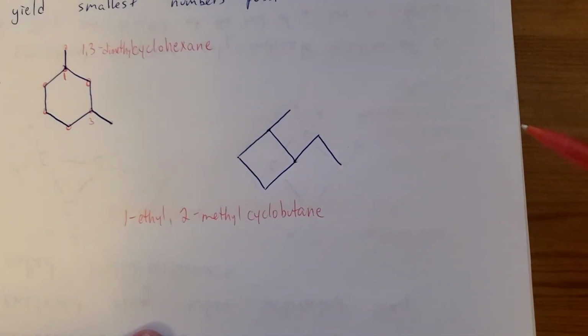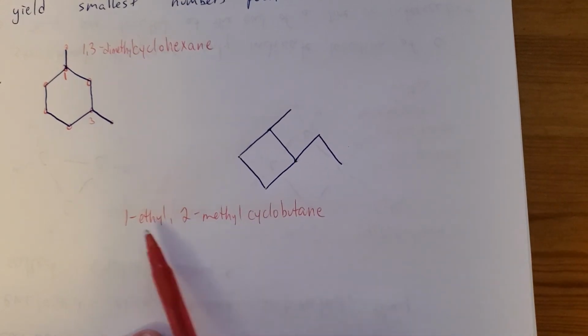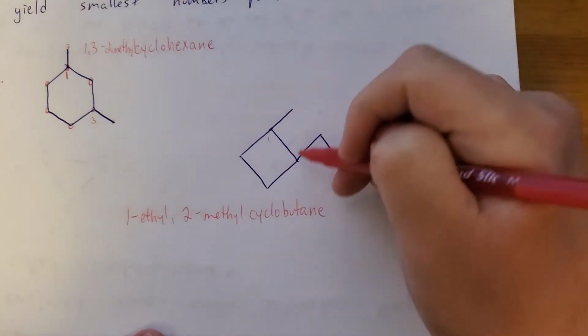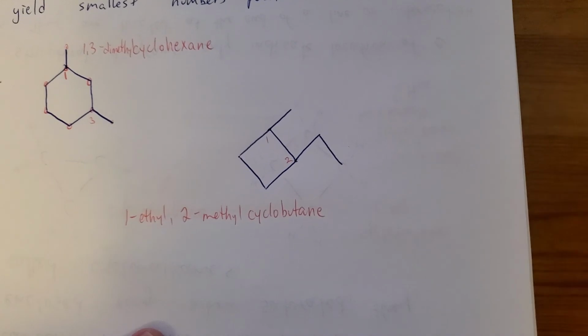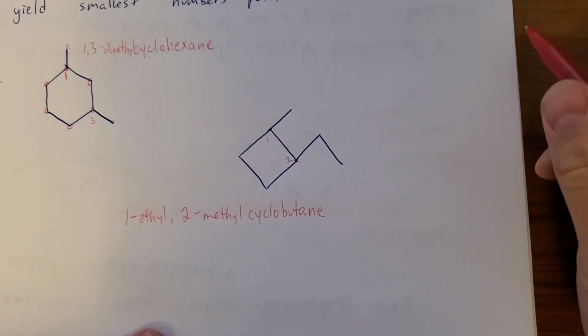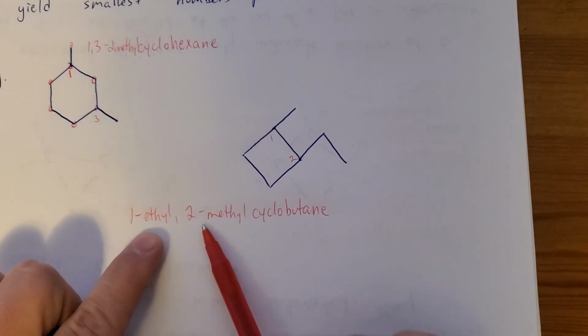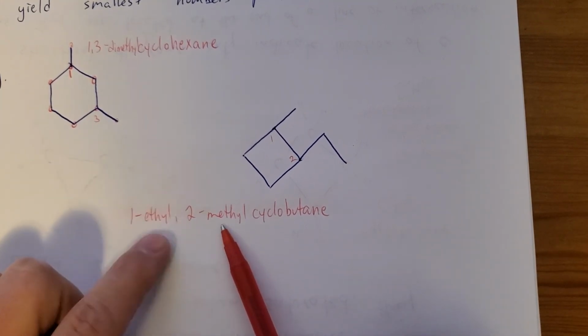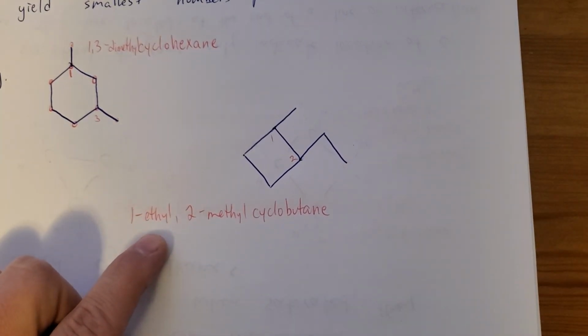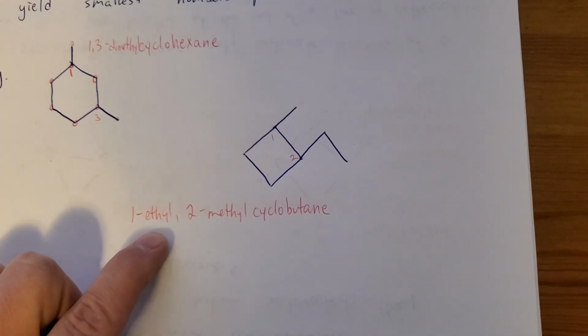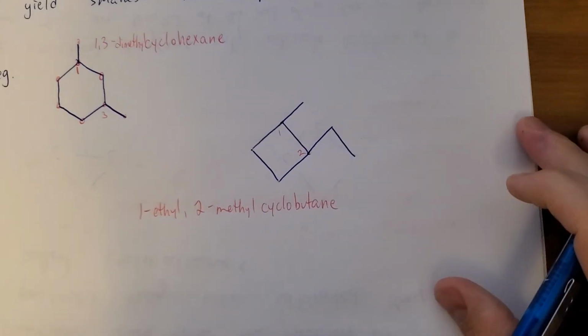But in this course it's ambiguous. So if this was a test and you wrote 1-methyl, 2-ethyl, I would consider that correct. I just like to put the smaller numbers first. Why does ethyl come before methyl? Alphabetical. Those rules still apply. So when we learn something new, all the old rules still apply.